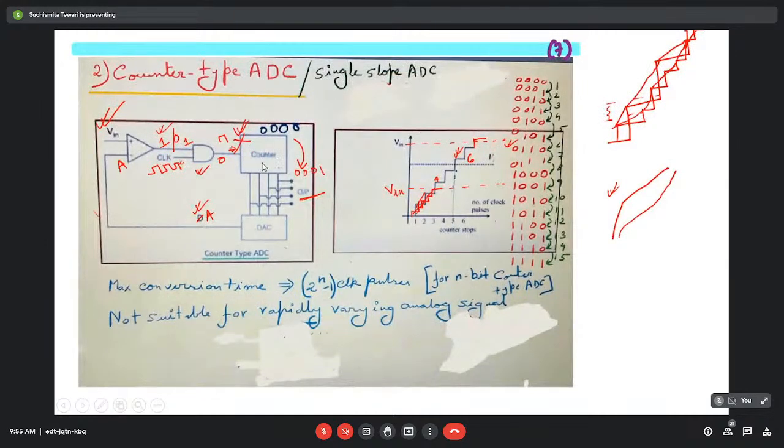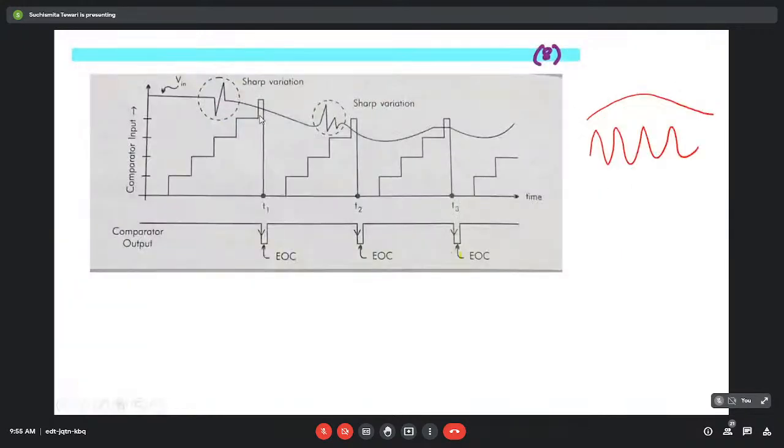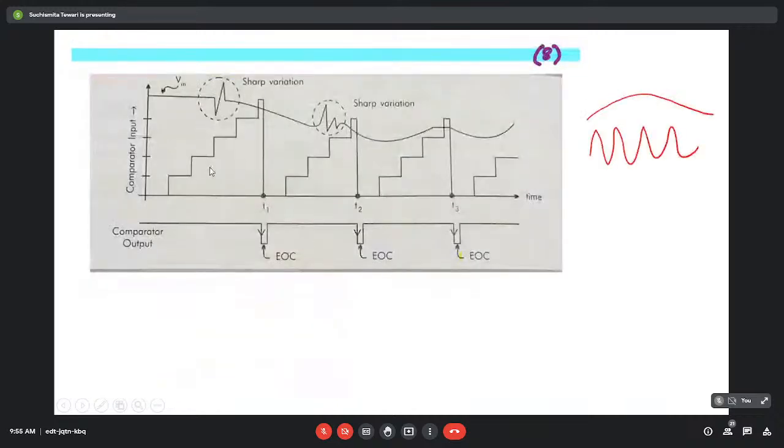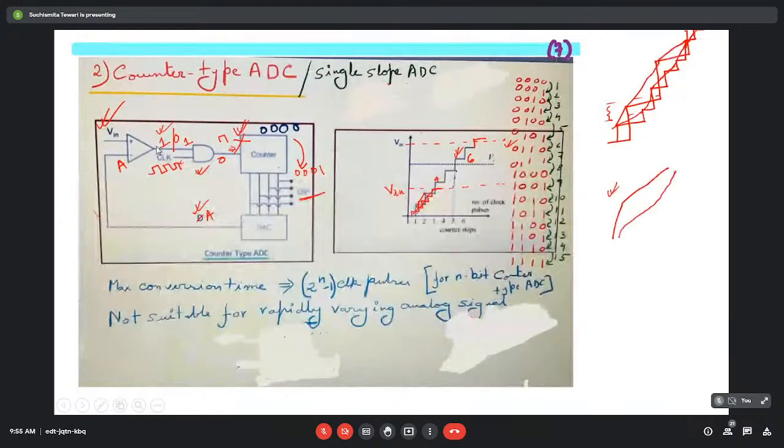That can be done if we replace this simple up counter by an up down counter. So if we use an up down counter, what is happening? The philosophy remains the same. Only here the output of this comparator is going to one of the inputs of this AND gate, and the clock signal is given to the other input.